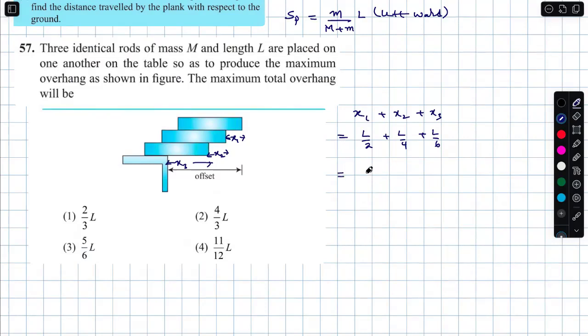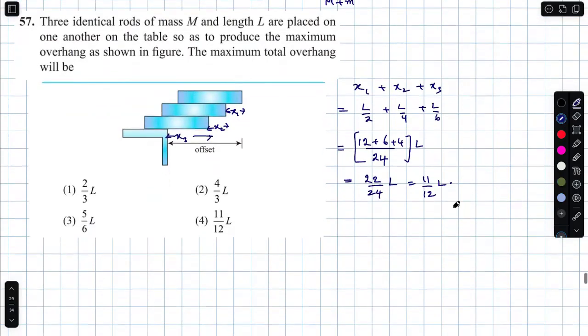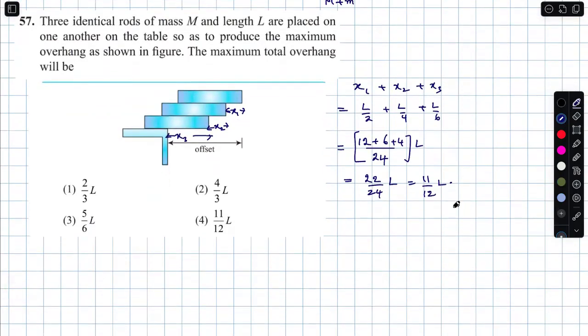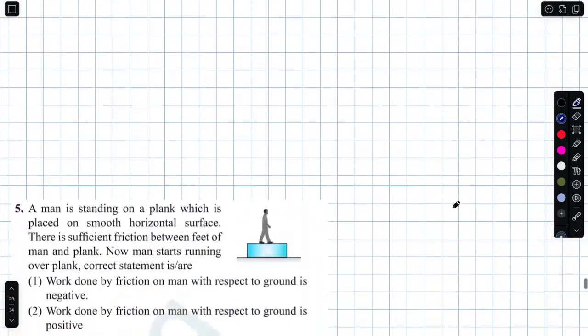So therefore, in the denominator, you will have 24, and 12 plus 6 plus 4, 22 by 24 L, which is nothing but 11 by 12 L. That is 57. Any doubts? Very easy substitution model.